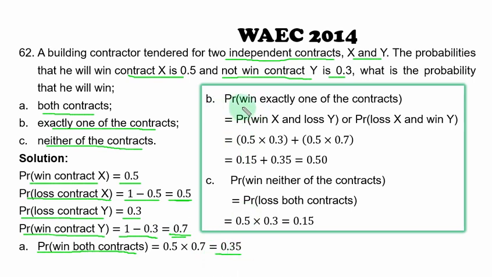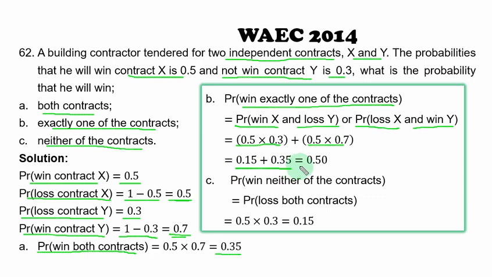B, probability win exactly one of the contracts is equal to probability win S and lose Y, or probability lose S and win Y, and that is 0.5 times 0.3 plus 0.5 times 0.7. You have this result.